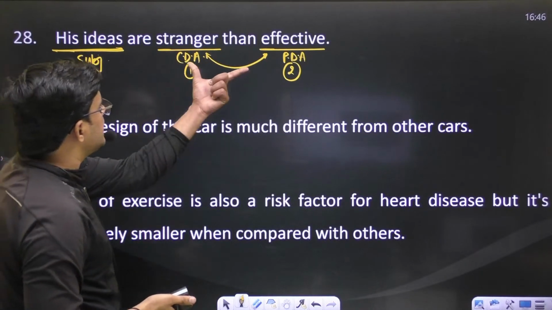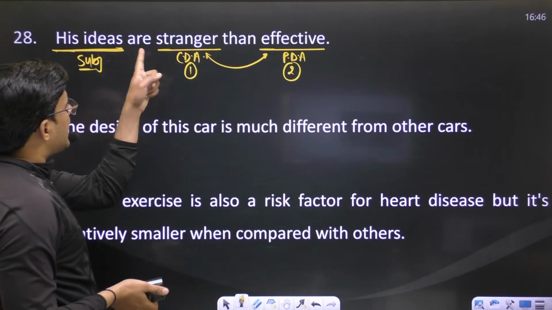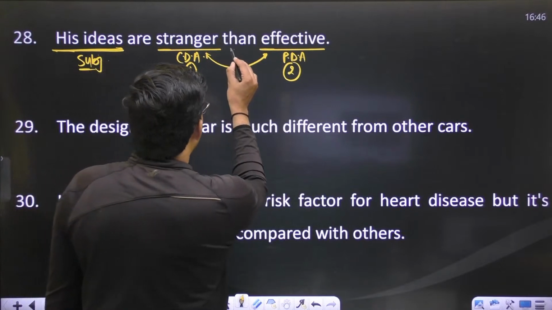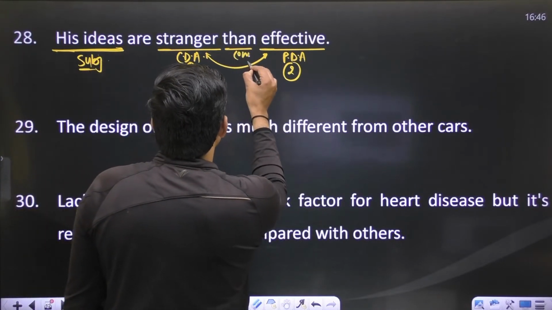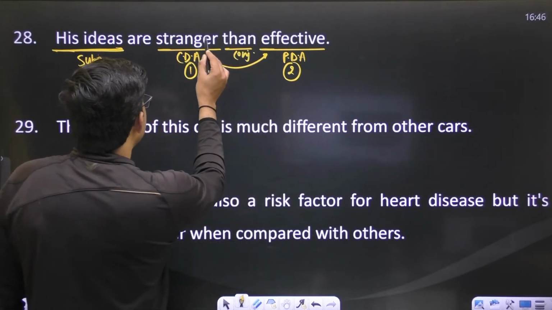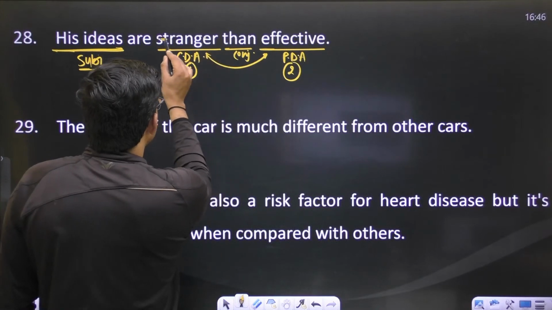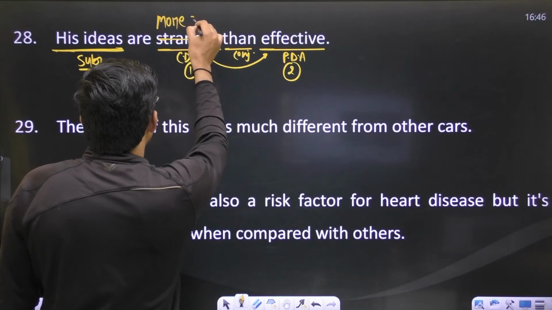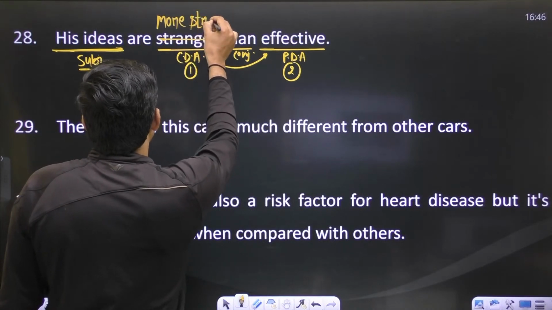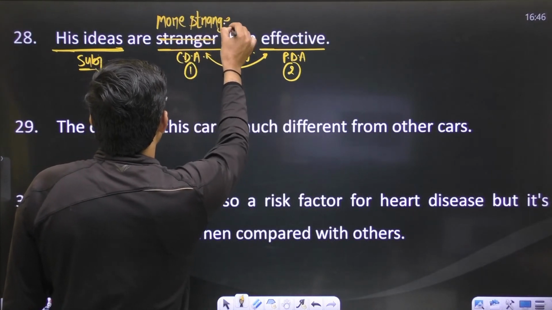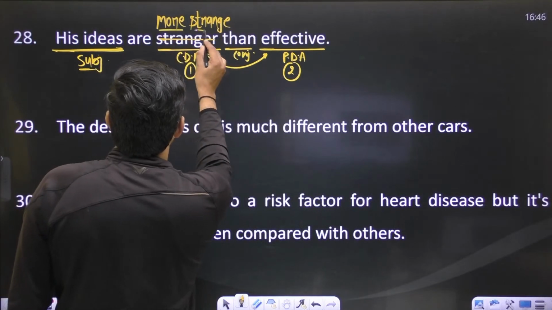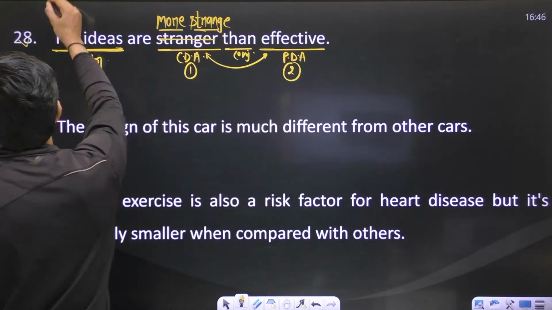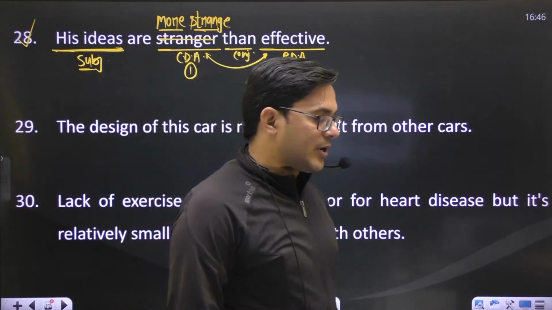When two qualities of a single person or thing are compared with then, in this situation, don't use er format, and we simply use more plus positive degree, and more plus positive degree will be like more strange than effective. The sentence will be fine now.